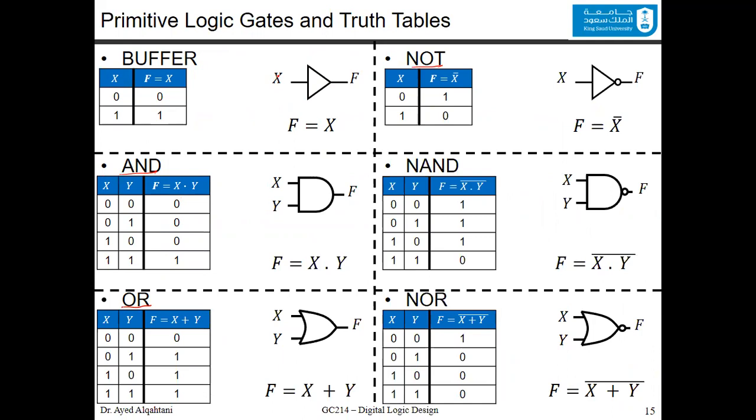So if the input X is 0, the output F is going to be equal to X. There is no change. If X is 0, the output is 0. If X is 1, then the output is 1. You might ask, then what's the purpose of having a buffer? Sometimes you use a buffer for organizing your design, and there are other advantages beyond the scope of this class.